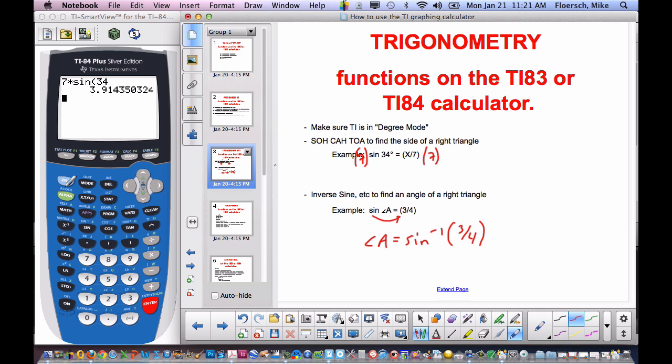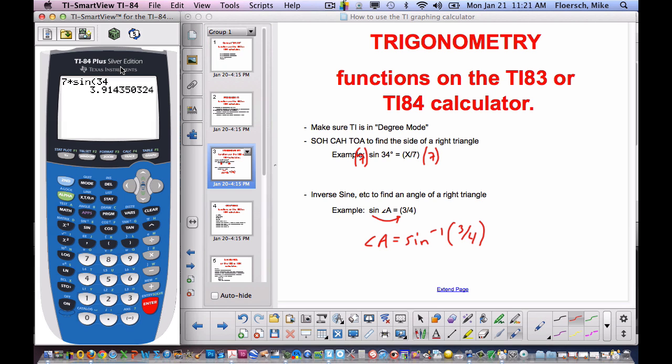So on my calculator, I would do second sine, which gives me the sine inverse, 3 divided by 4, or you can just type in 0.75 if you knew that. Close the parentheses, hit enter. That angle is going to be 48.59 degrees.